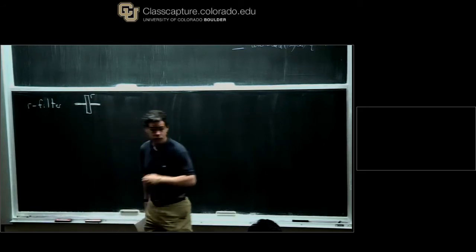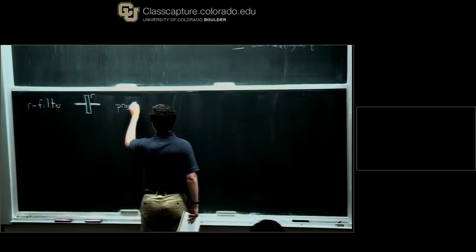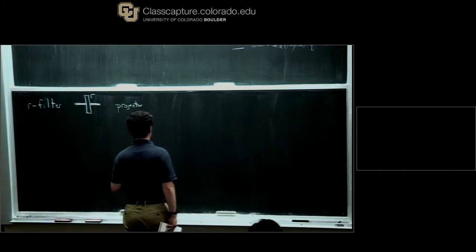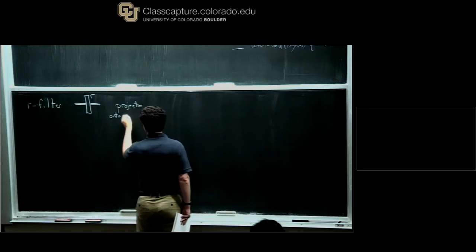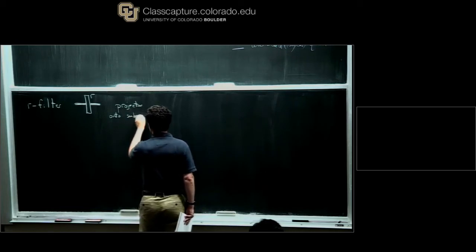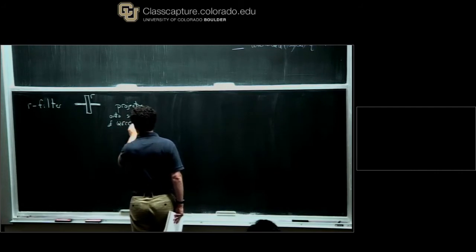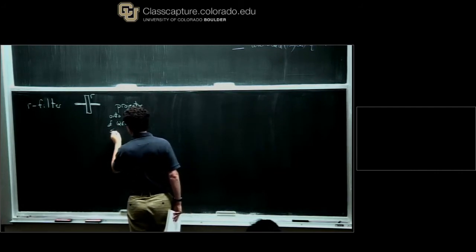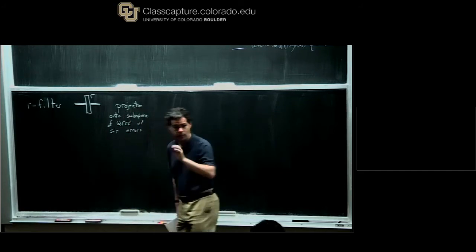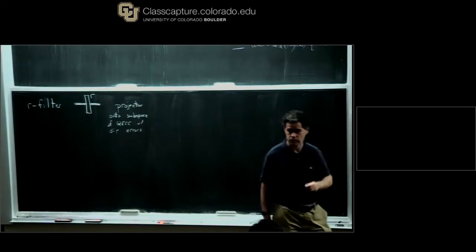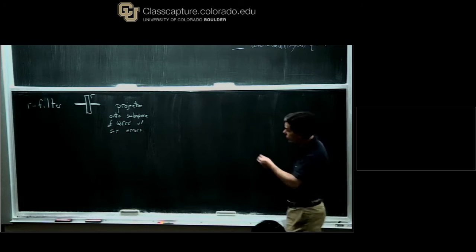And this represents a projector onto the subspace of the quantum error correcting code with less than or equal to R errors. And it's enough to think about Pauli errors by the theorem I showed you on Tuesday. So what do I mean precisely by that?